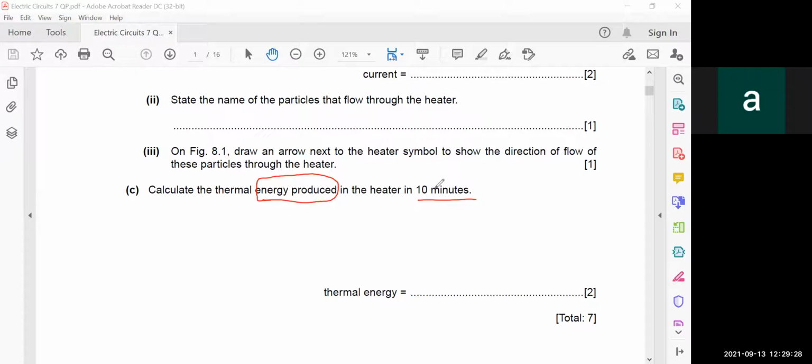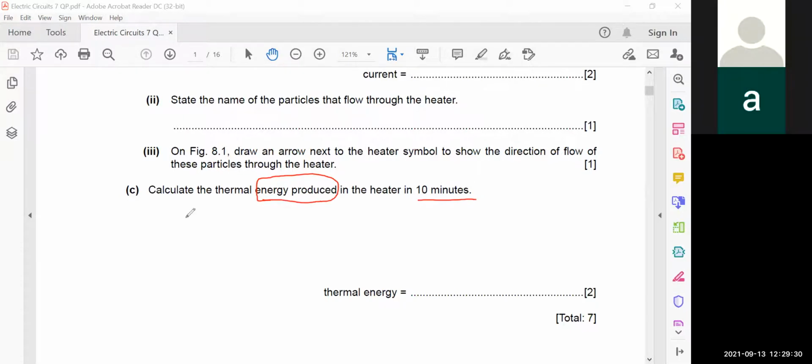E is equal to VIT. Yes, very good. E is equal to voltage multiplied by current multiplied by time. Voltage is given in the statement, 12-volt battery. How much current is flowing?